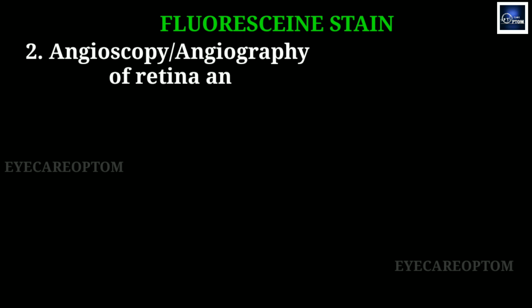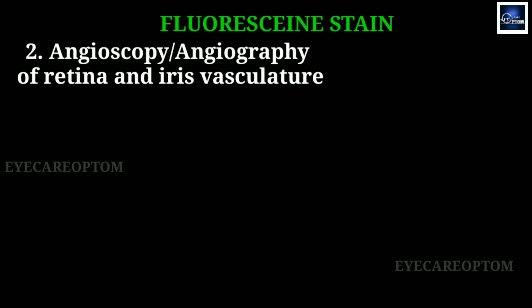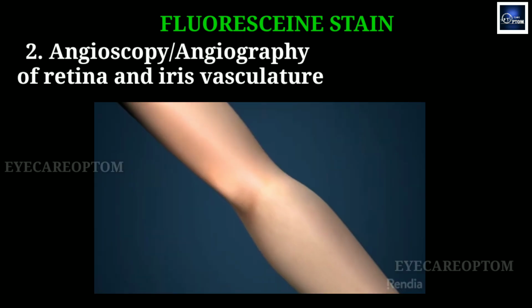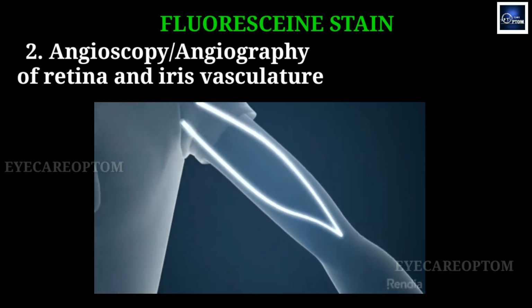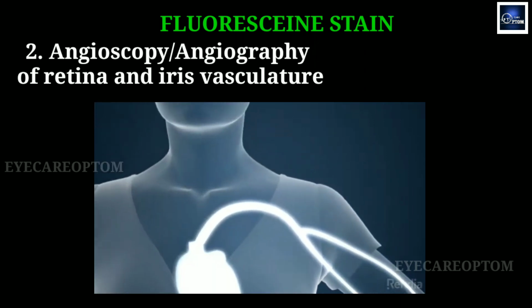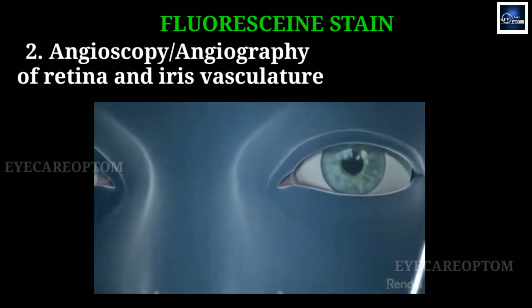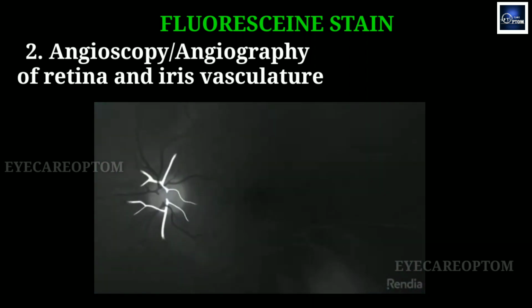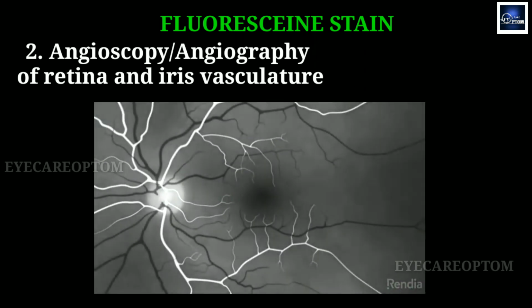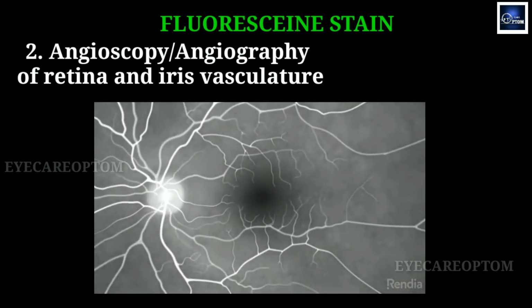Angioscopy or angiography of retina and iris vasculature is used for improved detection of any breaks in the vascular or associated retinal condition. Fluorescein angiography stains the blood vessels of the retina and iris to provide a detailed imaging of the posterior part of the eye.